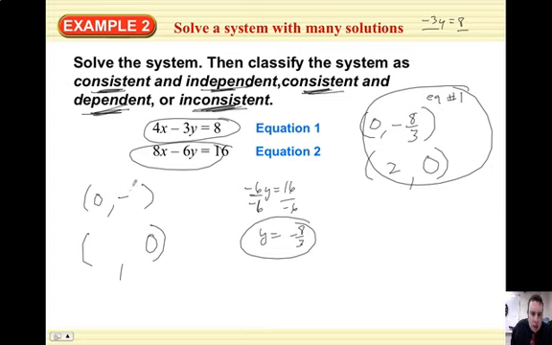Okay, negative 8/3 for y. The x-intercept is when y is 0, so put 0 for y, scratch that off, and 8x equals 16, which means x equals 2.